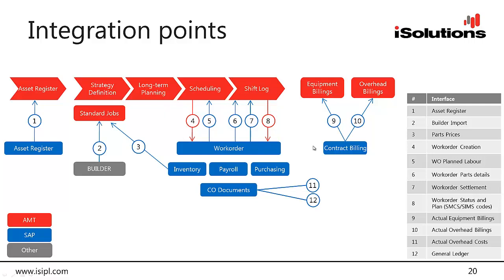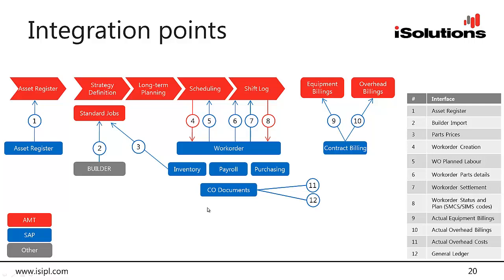Other interfaces that we get, the contract billings will still get done within SAP, and that gets sent through to AMT. Now, the billings can either be at the equipment level or what we call overheads. They're billings for a site or for a contract. And we also get your costs coming through as in your overhead costs and a little financial reconciliation file, number 12.